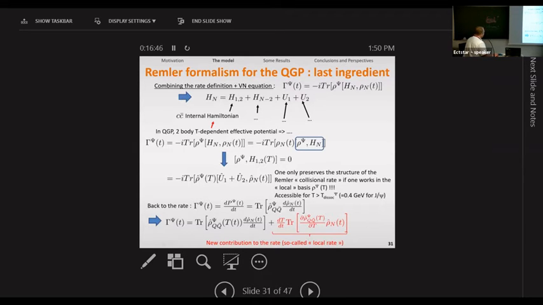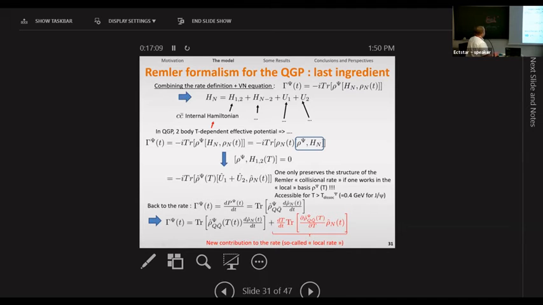And the price you have to pay, if you come back to the rate and take the time derivative of the definition, is that you get a new term that has to do with the derivative of this basis with respect to time. This is what we call the so-called local rate that you have to put on top of this genuine Lindblad-like term.